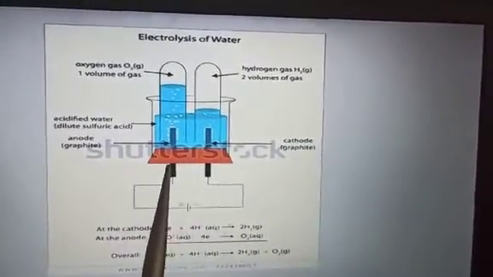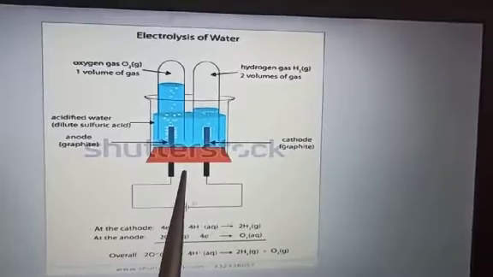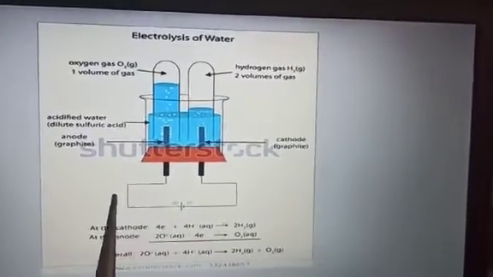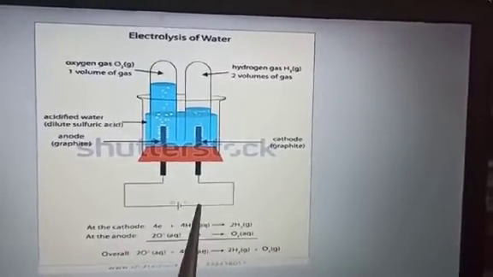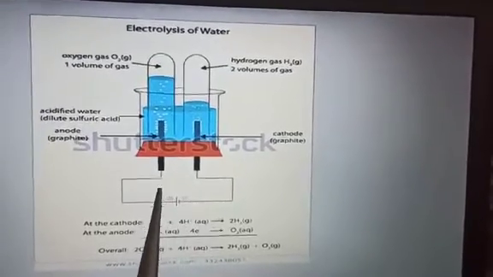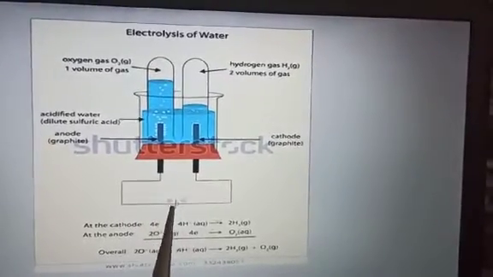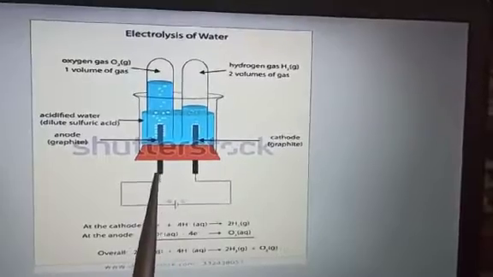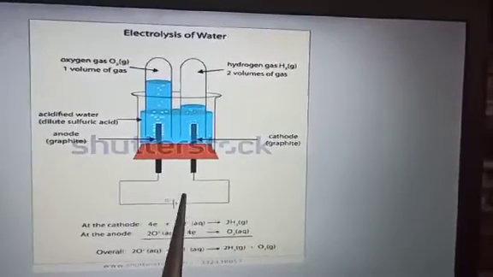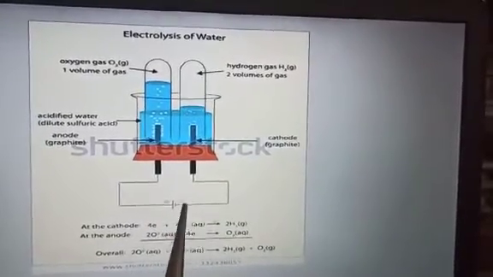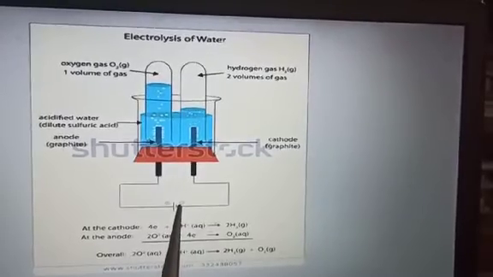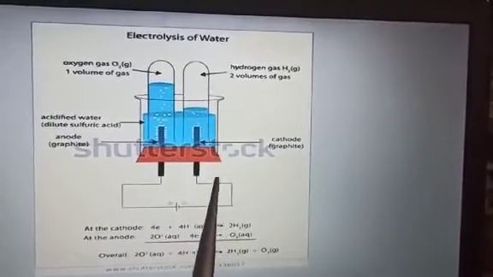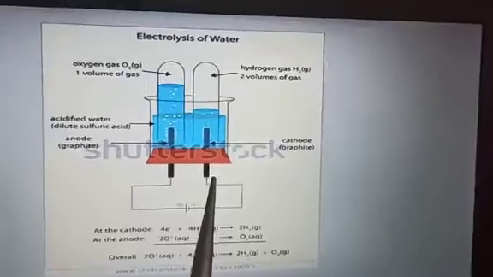These two electrodes are connected with the terminals of a battery. The rod connected with the positive terminal becomes the positive electrode, the anode, and the rod connected with the negative terminal of the battery is the cathode, or the negative electrode.